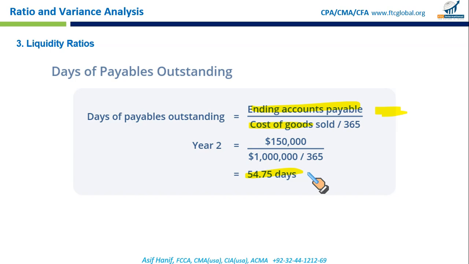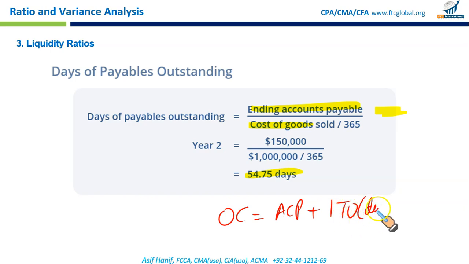Now, if you bring this into the picture in the operating cycle, we just learned that the length of the operating cycle is the account receivable turnover, which you call the average collection period, plus inventory turnover in days. If you take these two and deduct your days of payables outstanding, or average payment period, you get the cash conversion cycle.